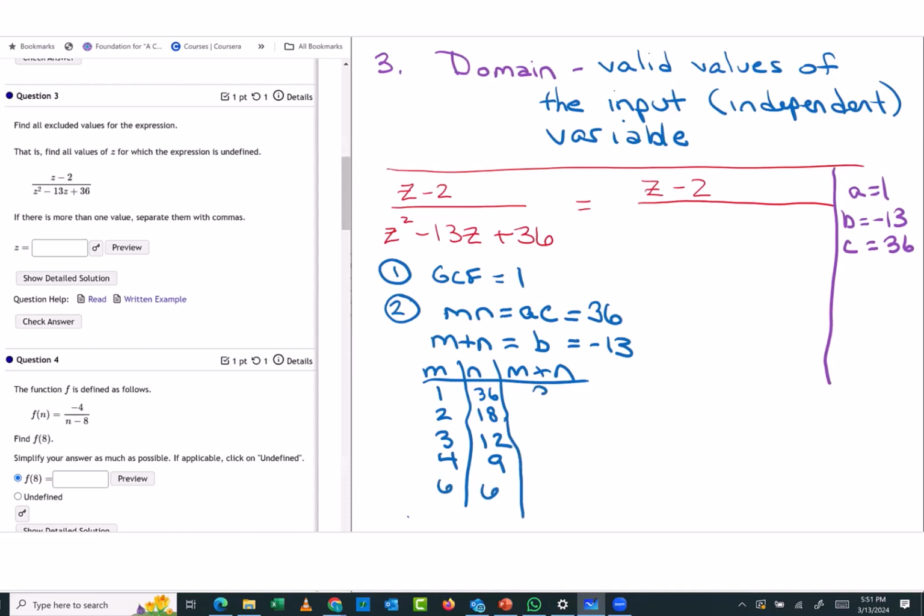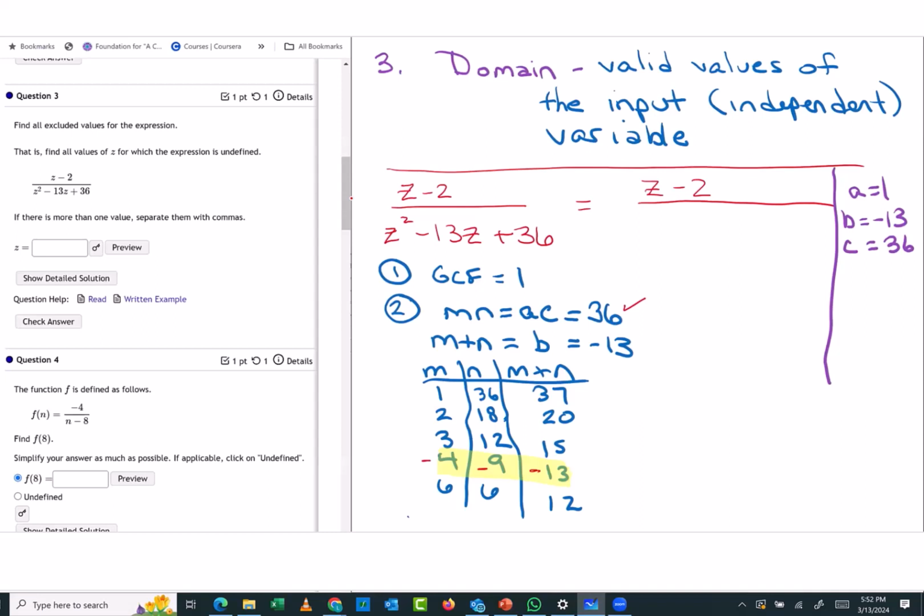And then if I add them, I get 37, 20, 15, 13, and 12. So I figured out it's got to be these two numbers, 4 and 9, but since 13 has got to be negative, these have both got to be negative because AC is positive. We need a negative times a negative.